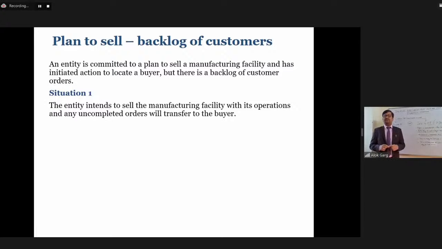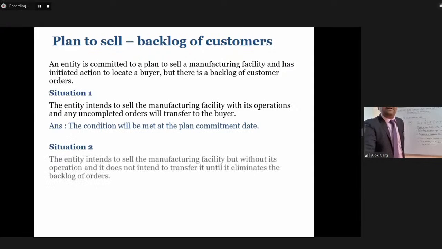Now, what is the answer of situation number 1? Is it classified as held for sale, or will this factory not be classified as held for sale? Ambika is saying yes, Chavi, Preeti, Shantanu, Usha, everyone is saying yes, it is available for immediate sale in present condition, because the company is selling the factory as it is in the present condition. Situation number 2.